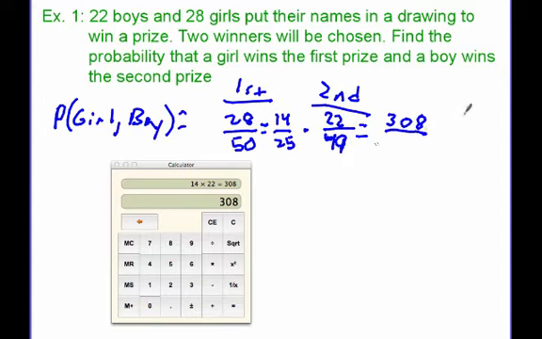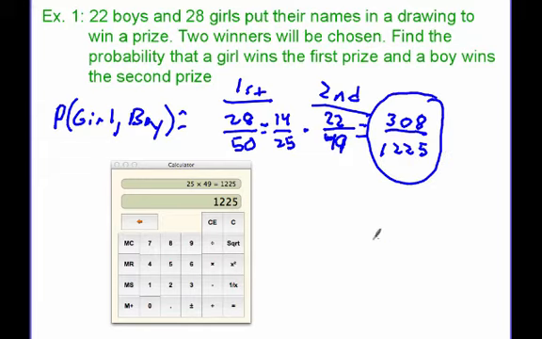And 25 times 49 is 1,225. We're not going to even try and reduce this. We're just going to say that right there is our answer. 308 over 1,225.